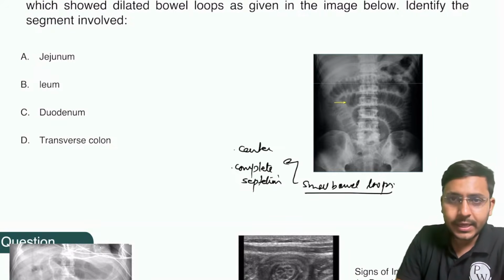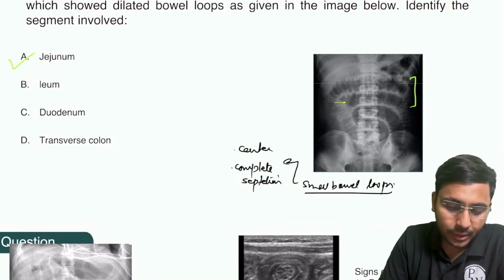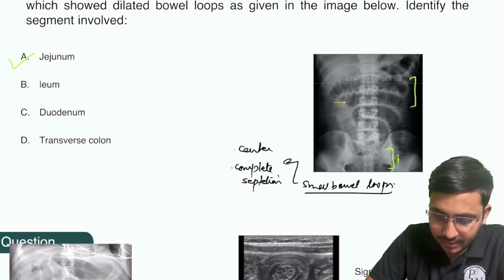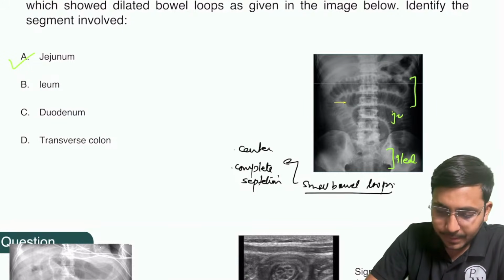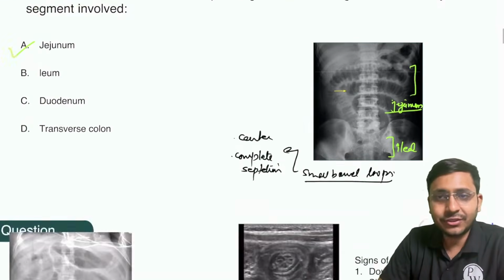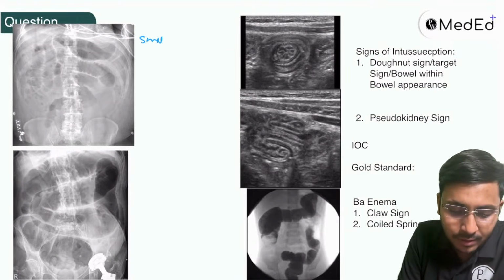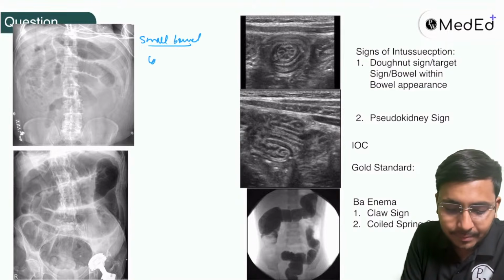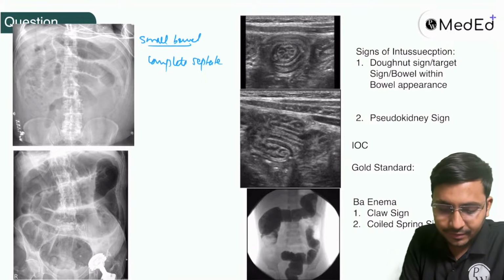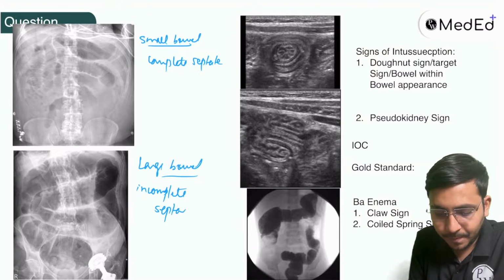राइट सो कौन सा है जजनम है कि इलियम है सो अपर एब्डोमेन रिमेंबर अपर एब्डोमेन में जजनम होता है एंड लोअर एब्डोमेन में इलियम होगा सो इलियम आर pelvic loops and jejunum are upper abdomen loops. ठीक है so all of you have marked this correctly this is jejunum and again how do you identify small versus large bowel so small bowel has complete septate right because they have valvulae conniventes whereas large bowel they have incomplete septate because they have haustra.